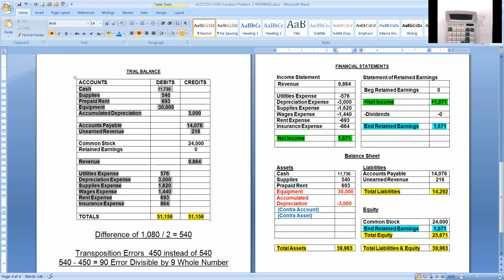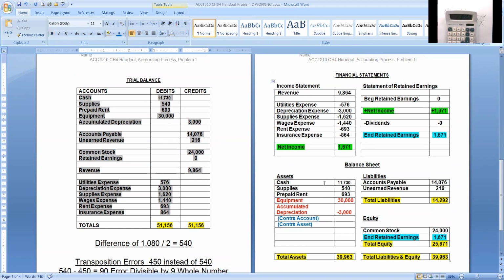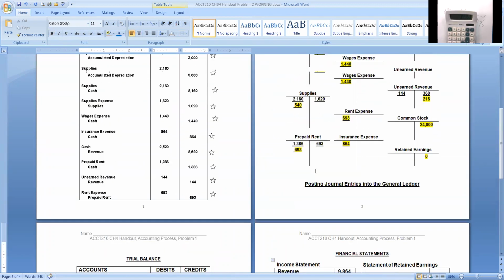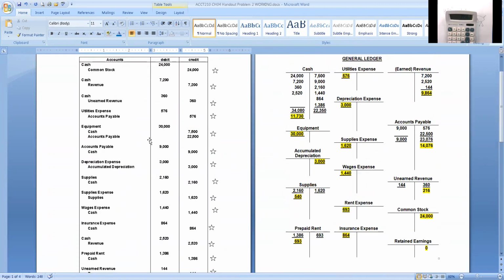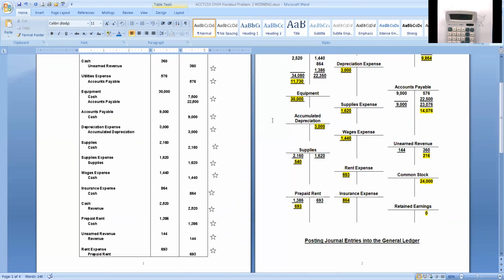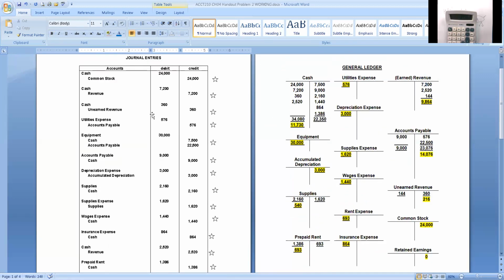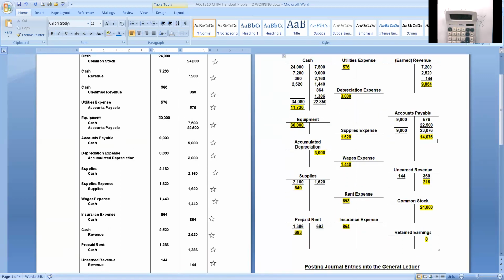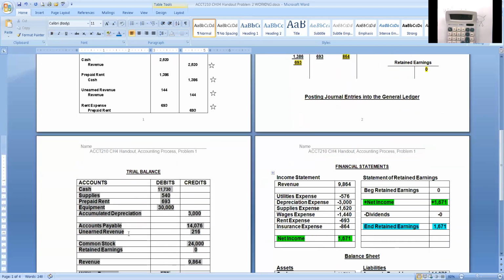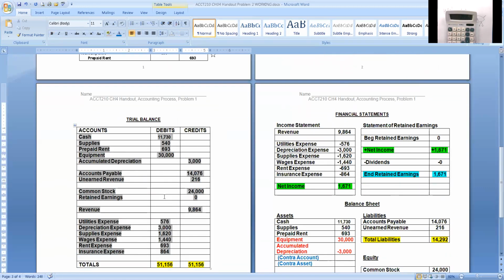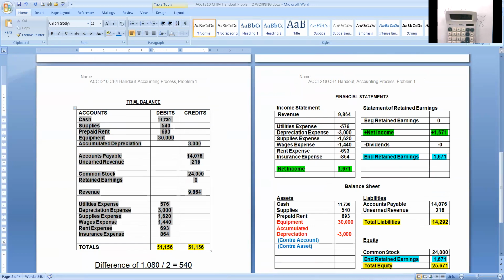Yeah, so those financial statements. Again, you guys have already done those before. But what is new is, you know, that these journal entries, they kind of seem like they're completely different than the financial statements. These don't seem like they have any relevance. But actually, that's where they come from. These journal entries, you go into the general ledger, you find your balances. Trial balance is really just the general ledger, but boiled down to a single account.